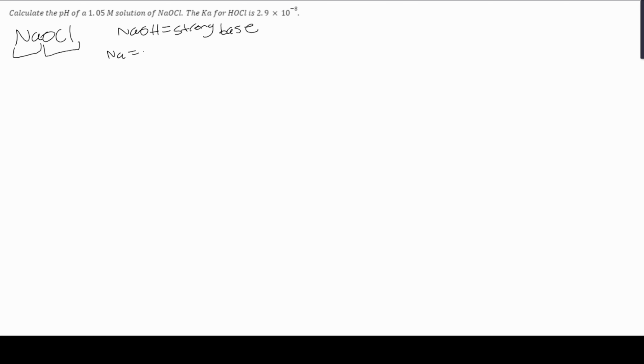Now what about OCl? We're given in the problem a Ka for HOCl. Just by that, we know that HOCl has to be an acid. So HOCl is acidic, and since it's not listed in the list of strong acids, that means it has to be a weak acid.